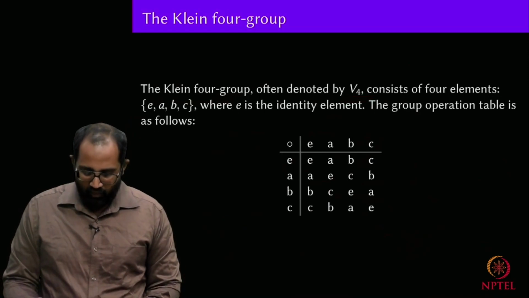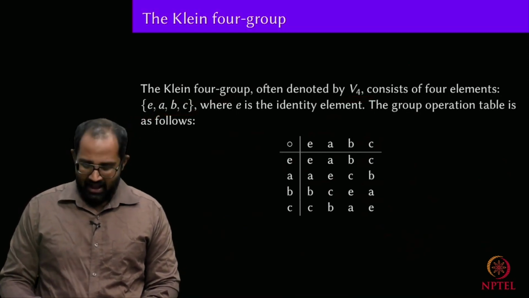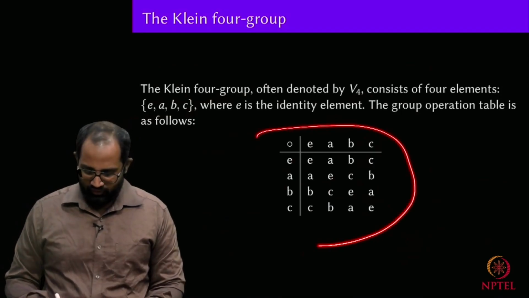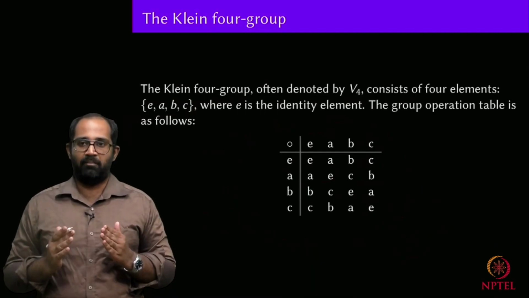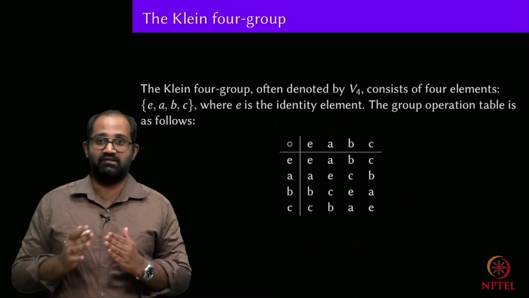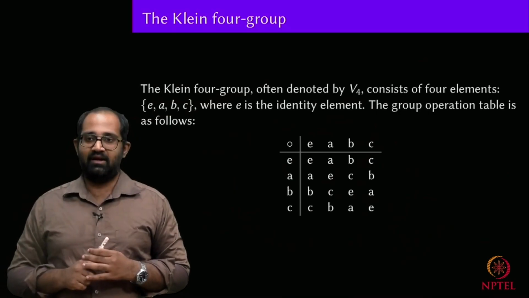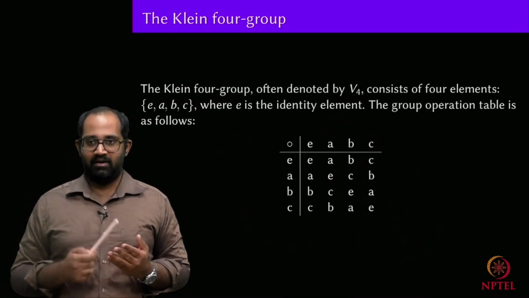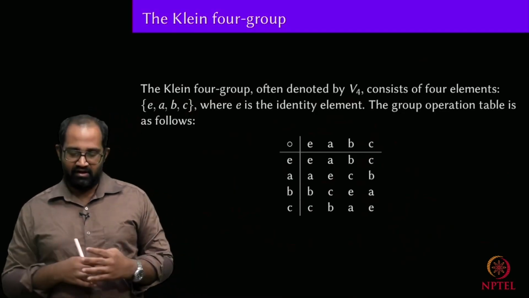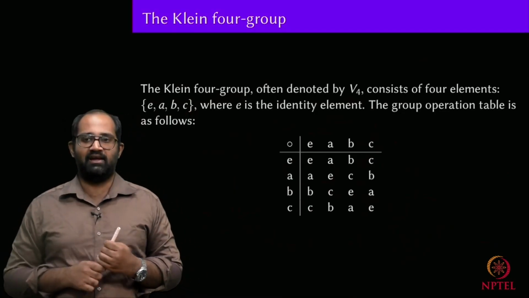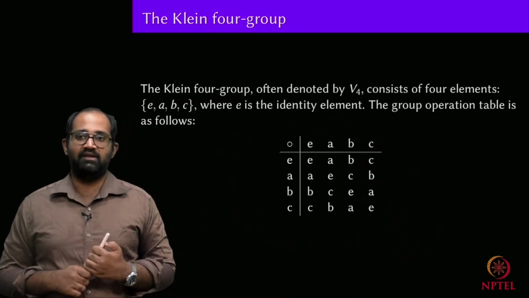It consists of 4 elements E, A, B, C, where E is the identity element, and here I have described to you the group table, the description of the binary operation, in some detail. Now, please check in painful detail that indeed identity element, inverses, associativity and all that, it is trivial. You can just spend 5 minutes staring at this table, you will be able to deduce that the Klein 4 group is indeed a group.